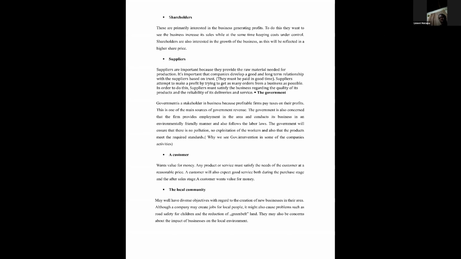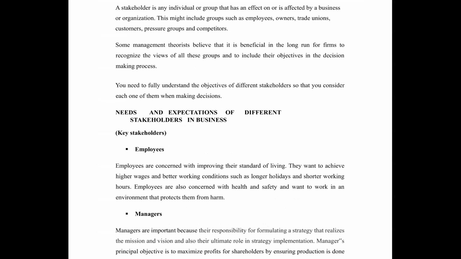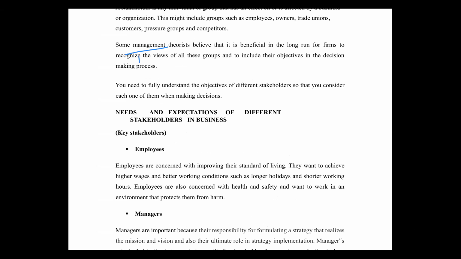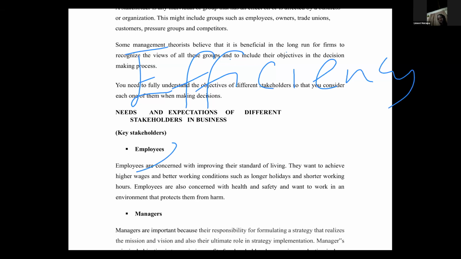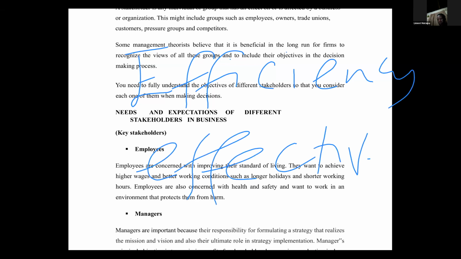A question again to the class. What do you think is the difference between the word efficient and effective? Efficiency and effectiveness, what could be the difference? Managers are expected to be both efficient and effective, yeah? What could be the difference between the two words? Efficiency means the person who knows work properly and who can do work properly. Wow. Thank you so much. What about effectiveness?